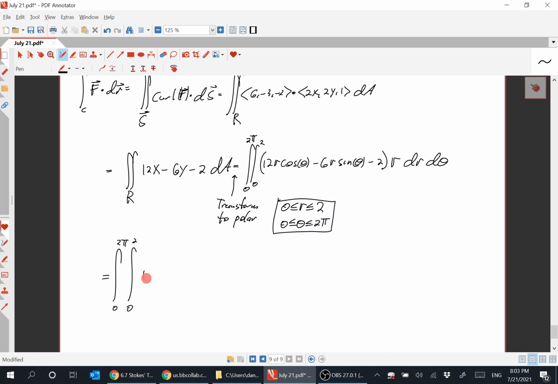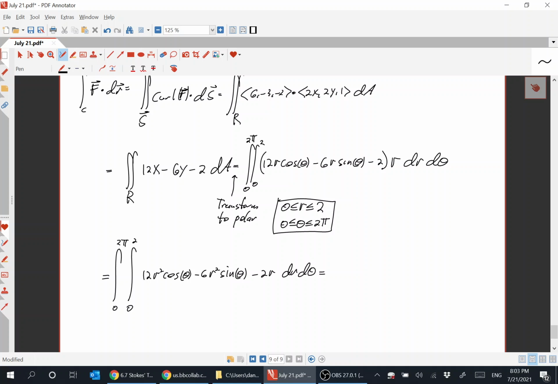So, what do we have here? 12r squared cosine θ minus 6r squared sine θ minus 2r dr dθ. All right, what's going to happen here?